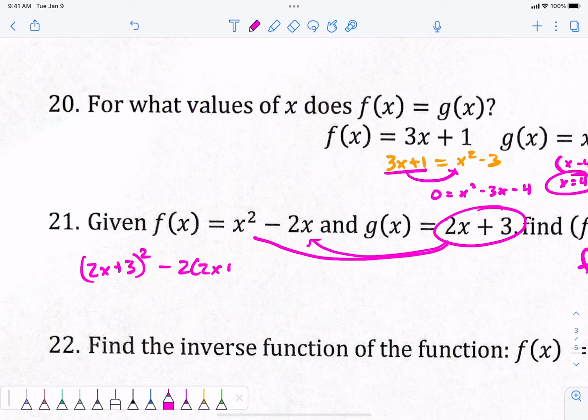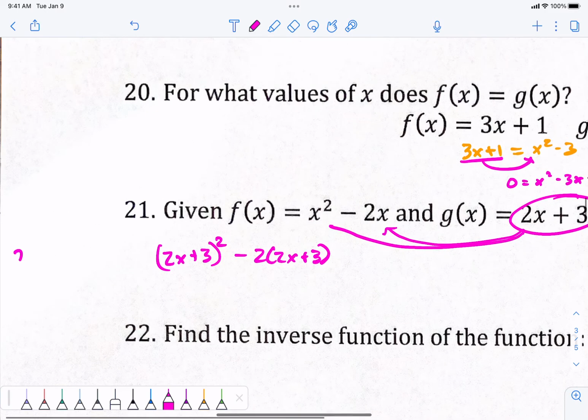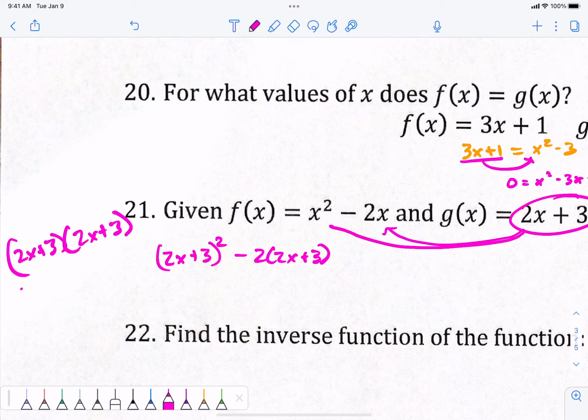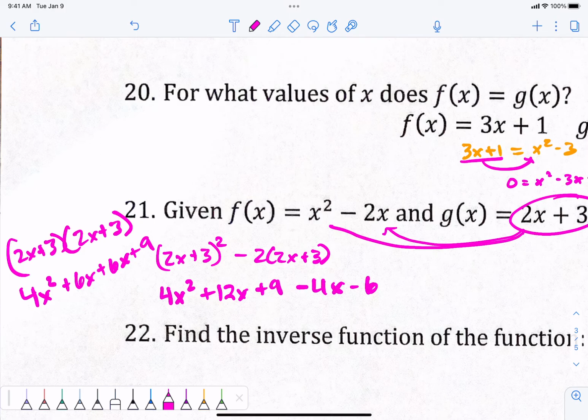You distribute, FOIL. 4x squared plus 6x plus another 6x plus 9, minus 4x minus 6, after you distribute the 2 also.